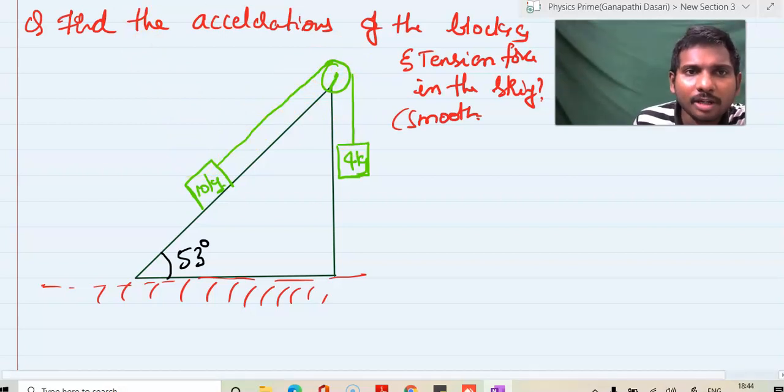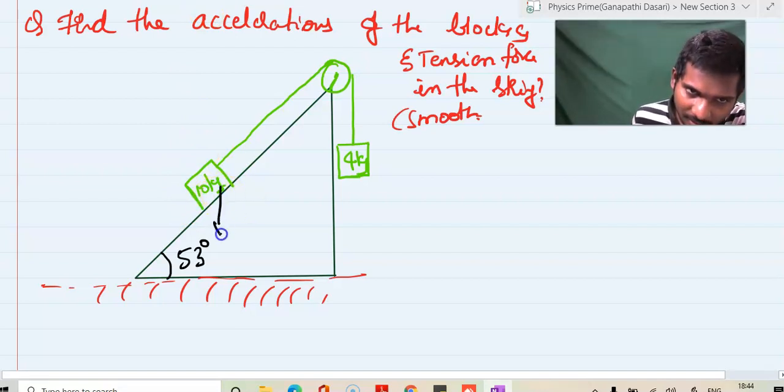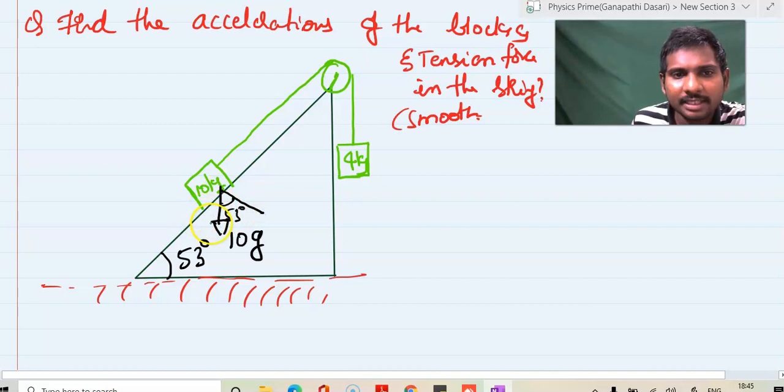If we draw the free body diagram of this 10 kg block, in a similar way to the previous questions, there will be 10g acting vertically downward, gravity. This is 53 degrees, and this will become 37 degrees.